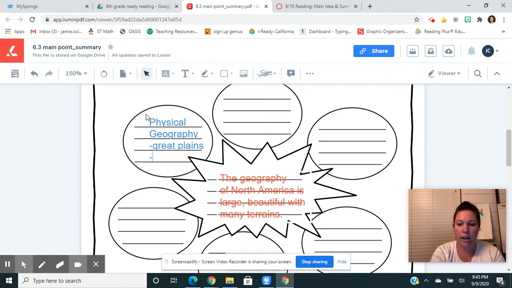And then another one was the mountain ranges. There we go. So physical geography was the subtitle, and then just a few details from that subtitle would be the Great Plains and the mountain ranges.